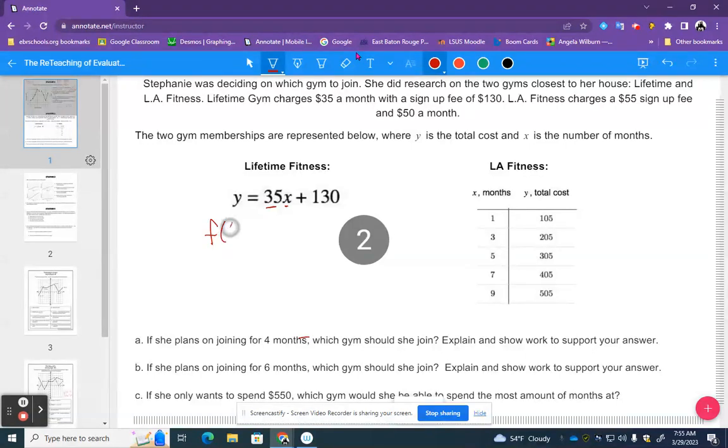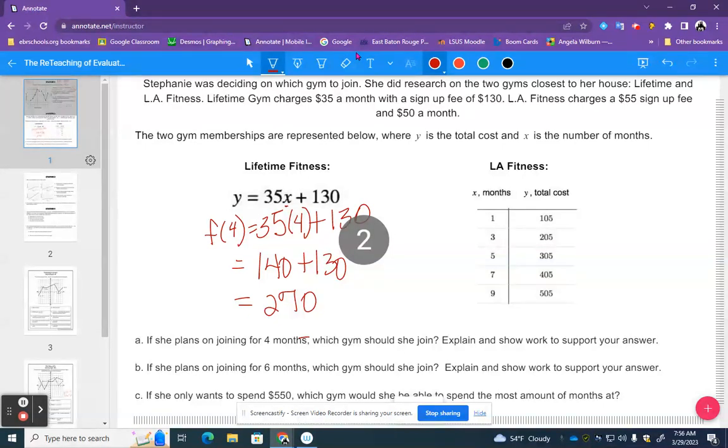So if I say f of 4 equals 3 times, not 3, Angela, 35 times 4 plus 130 equals, what's 35 times 4, somebody? 140. Plus 130 equals 270. That's at Lifetime.